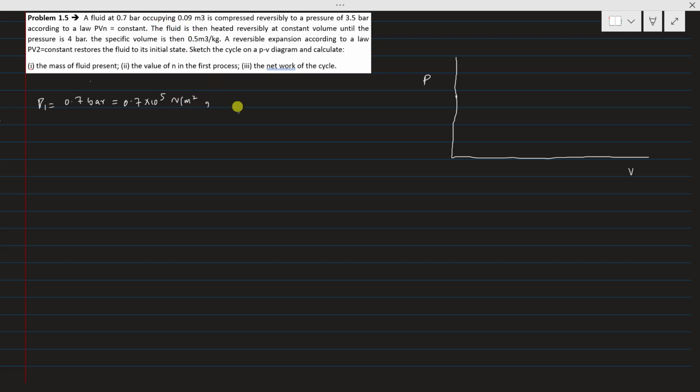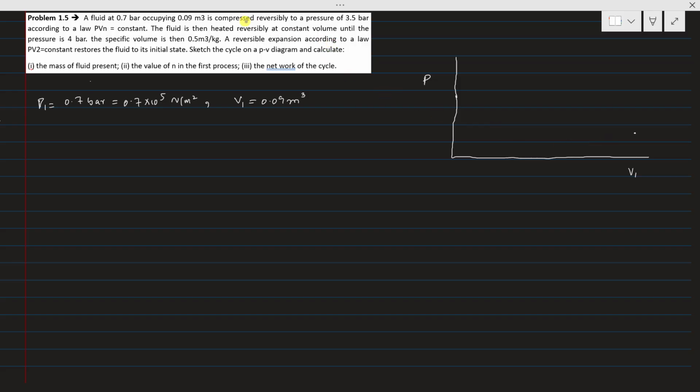Then the total volume at point 1, V1, is 0.09 meter cube. That is given. This point is our first point.